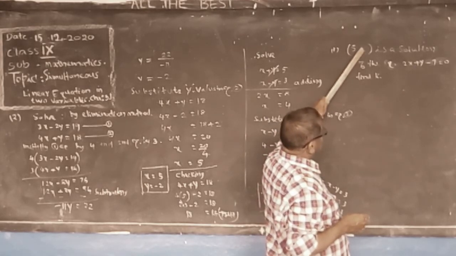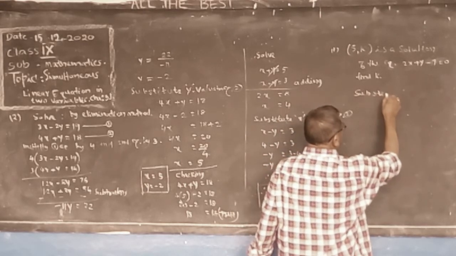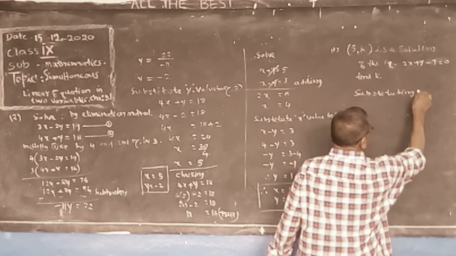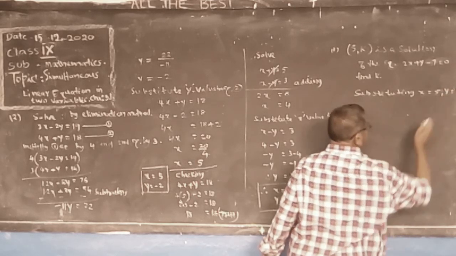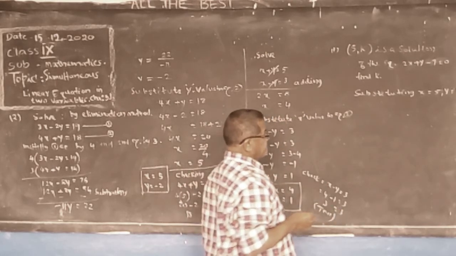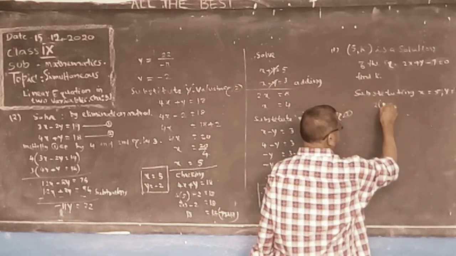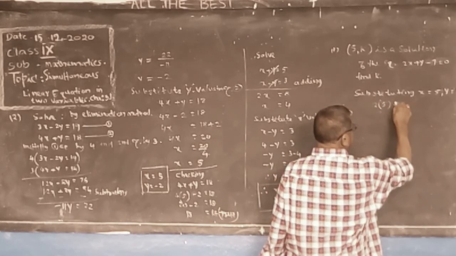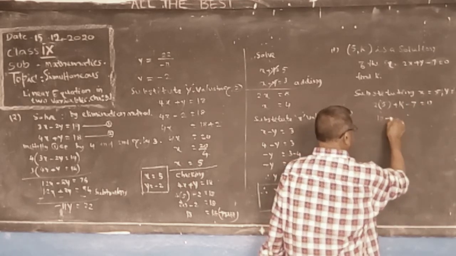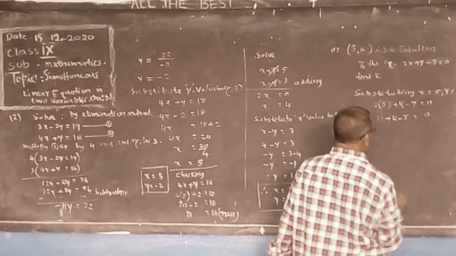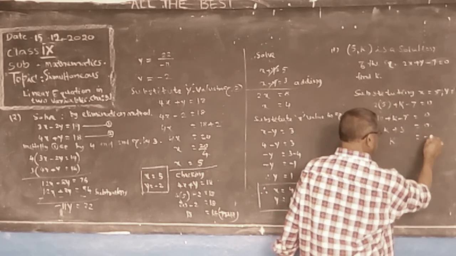The x value is 5, the y value is k. Substituting x equal to 5 and y equal to k, 2x into x is 5, and y is k, minus 7 is equal to 0. 10 plus k minus 7 is 0. k plus 3 equal to 0. k equal to minus 3.